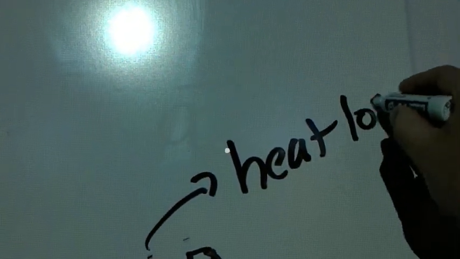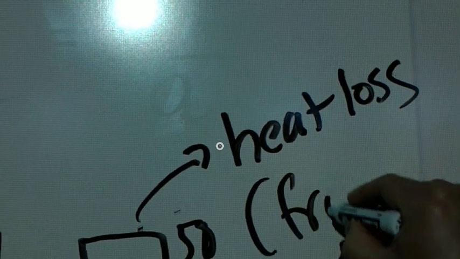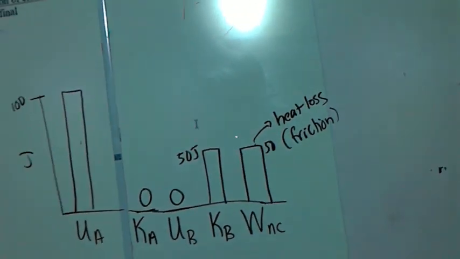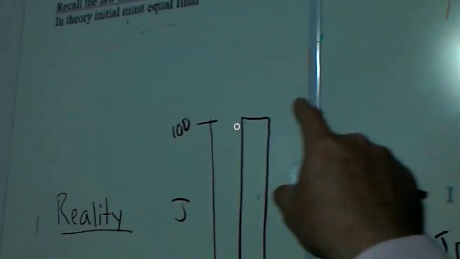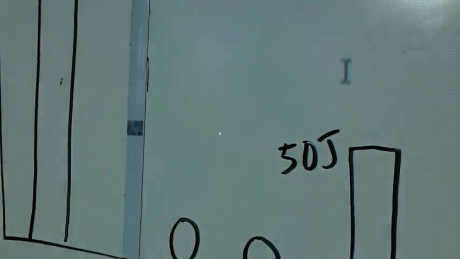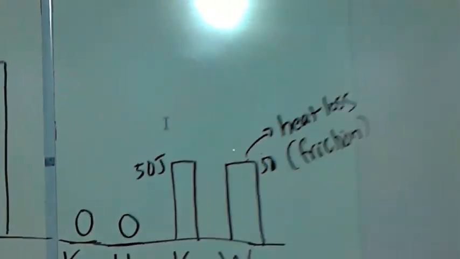This would be heat loss due to friction. Okay, so the law of conservation of energy is still true: 50 and 50 is still 100, but we don't get 100% kinetic because we lose some towards heat.